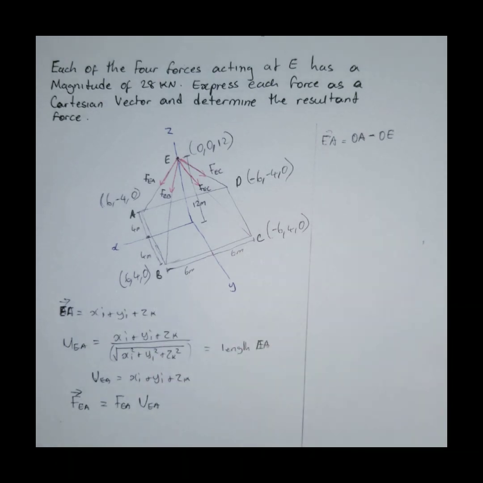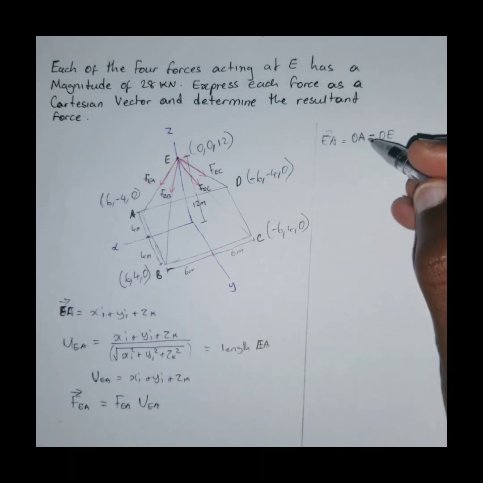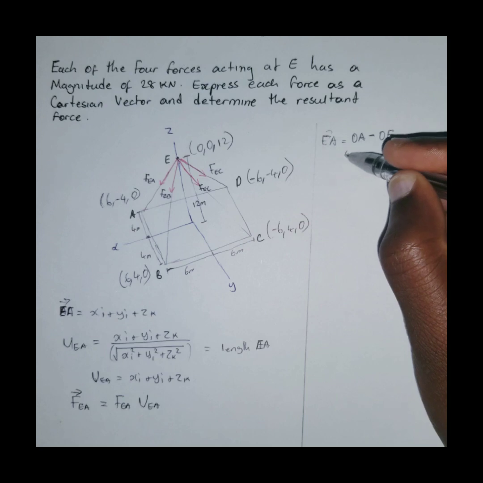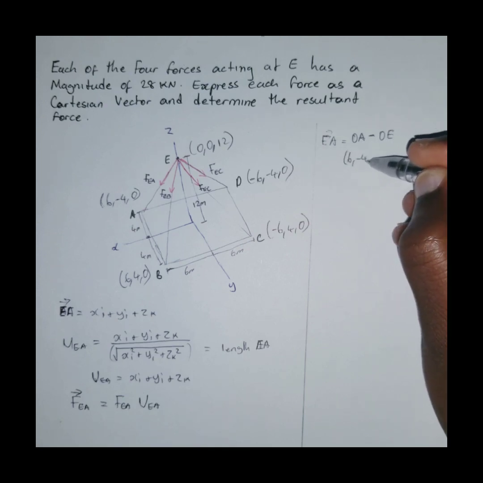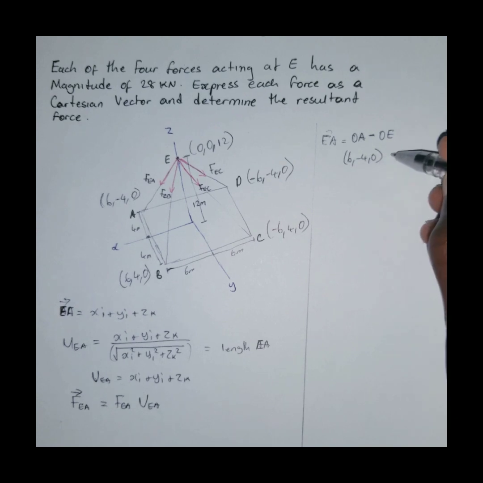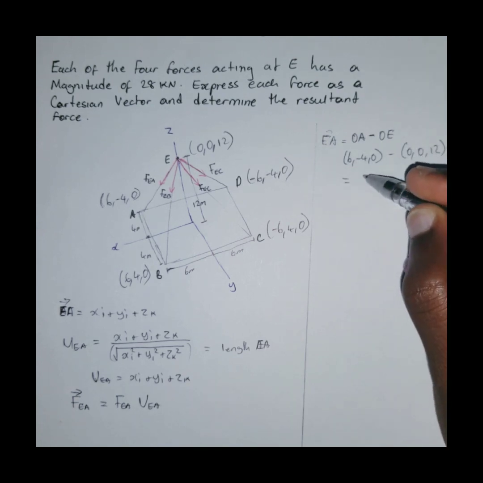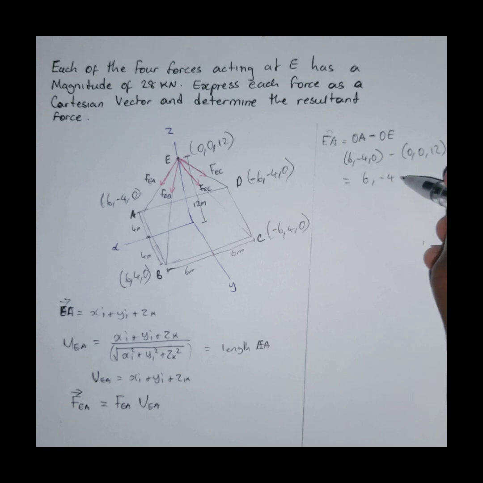OA would simply be the coordinates at A. So we've got 6, negative 4, 0 minus the coordinates at E, 0, 0, 12, and this would give you 6, negative 4, negative 12.